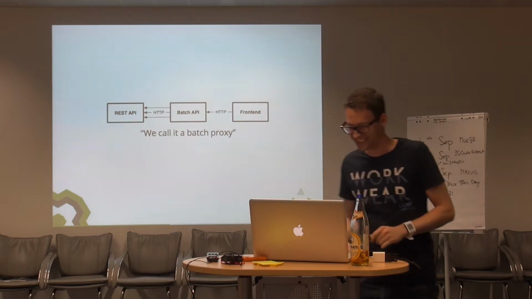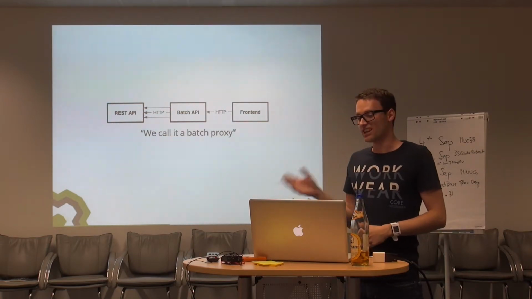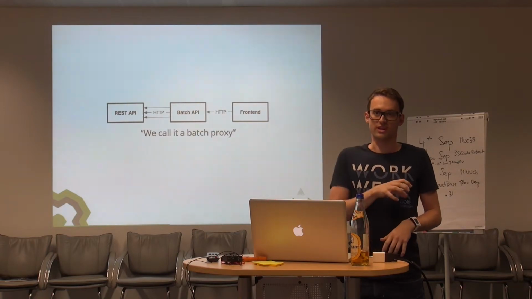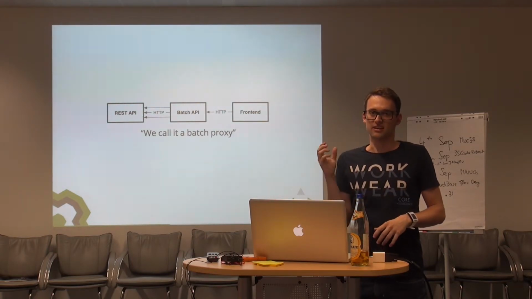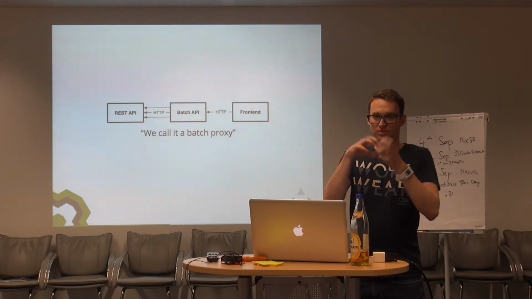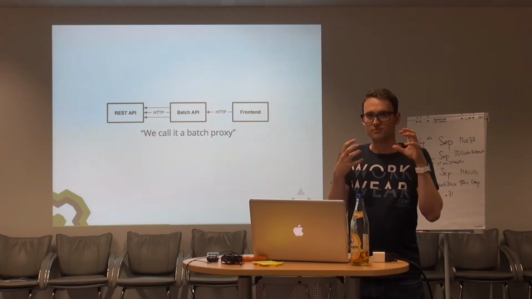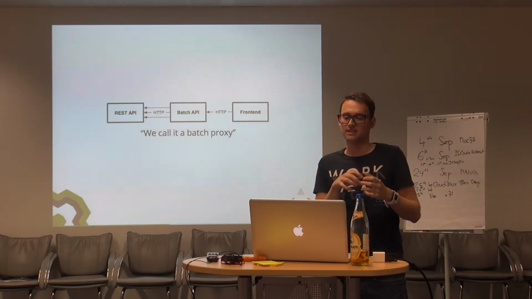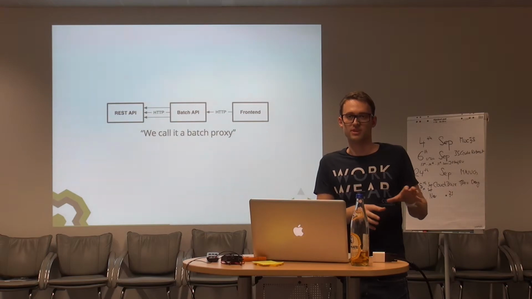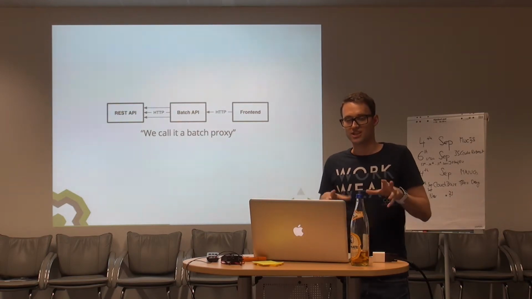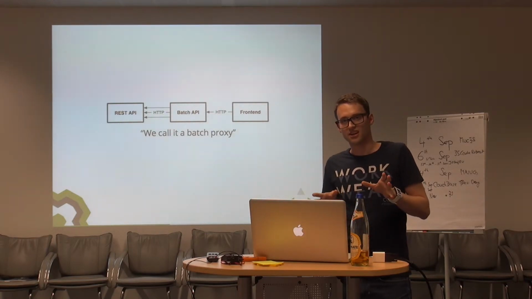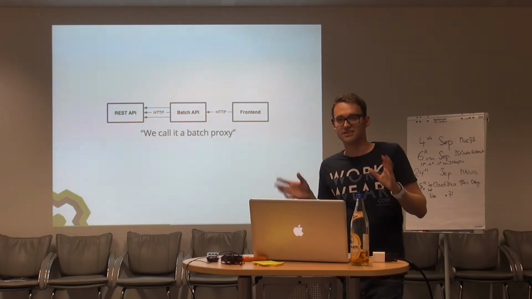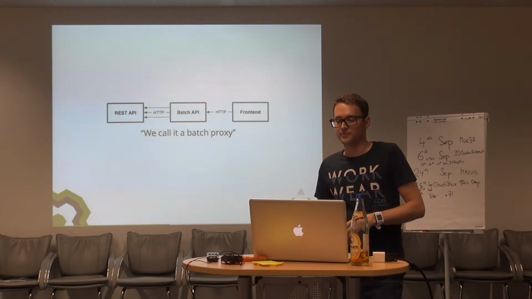And then you can have this case that the front end just sends one HTTP request, can smooth or smudge those paths, the resources it wants to fetch, all together into one request, and let the batch API handle it for you. So the batch API multiplexes the requests into multiple ones and sends them to the REST API.